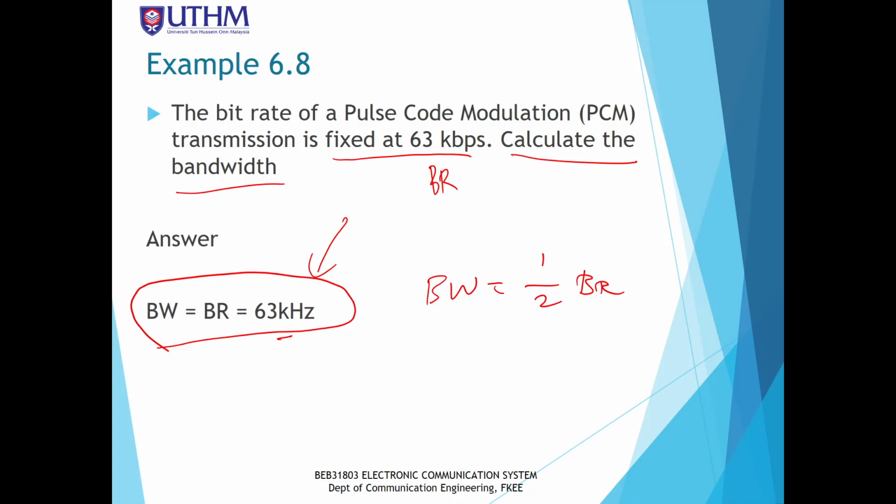This is a very general question, so just remember, if the question asks you about the bandwidth of PCM, simply give the simple answer: bandwidth of PCM equals the bit rate, which is 63 kilohertz.